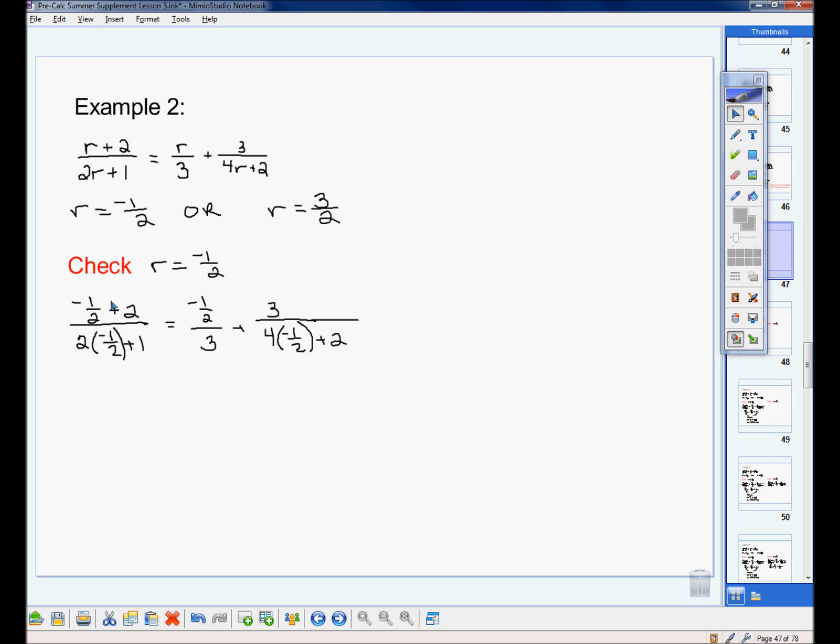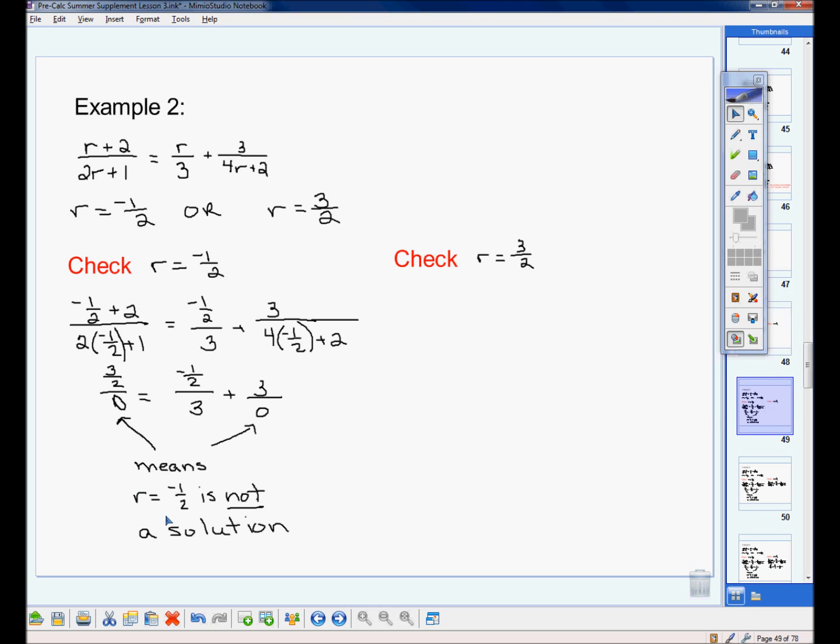Everywhere you see an r, put in a negative 1/2. There we go. And we begin to do the work. And we find out here we get a 0 and here we get a 0. That's a problem. Same problem that we had before. r equals negative 1/2 is not a solution. You cannot have zeros in your denominator.